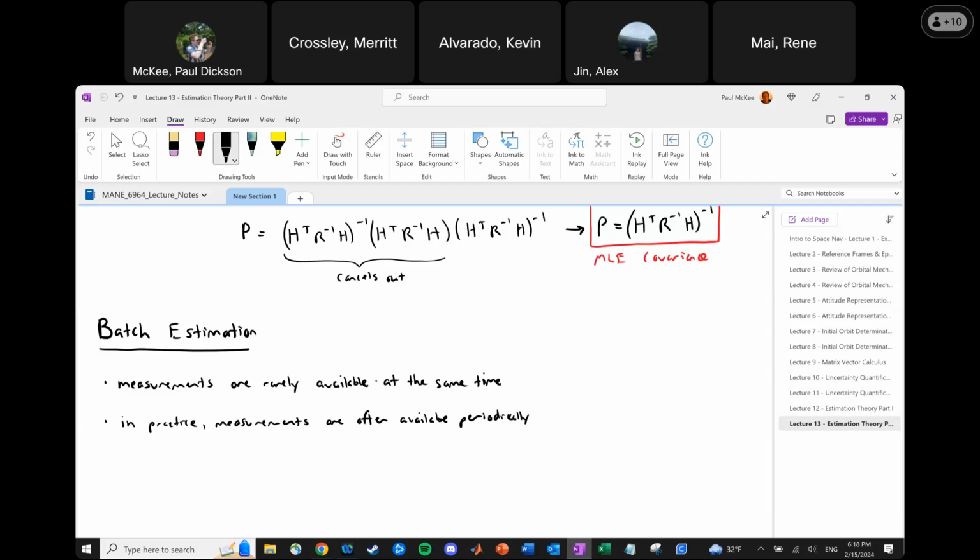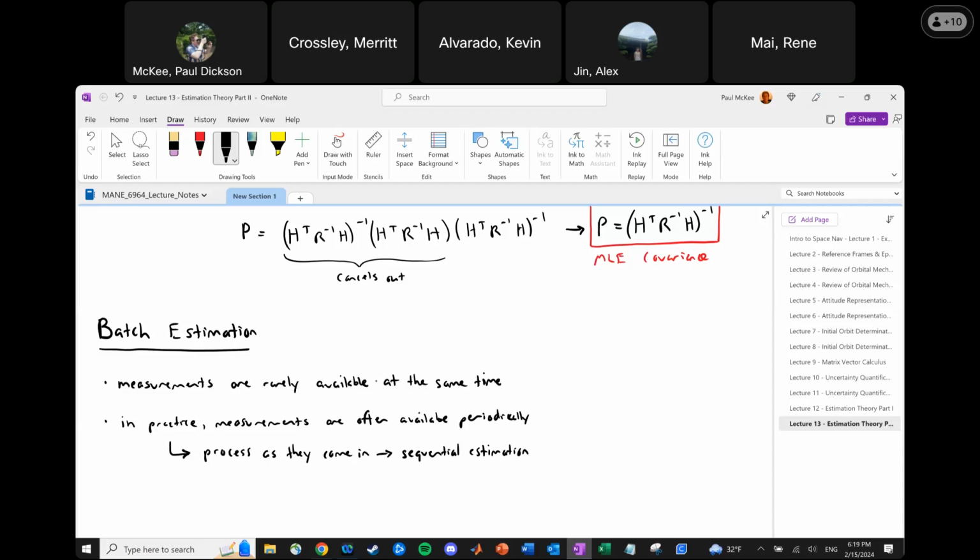So we have a couple of options. One is to have a computer constantly running that will process each new measurement as it comes in. So we can process as they come in. This is called sequential estimation because it happens in a sequence.